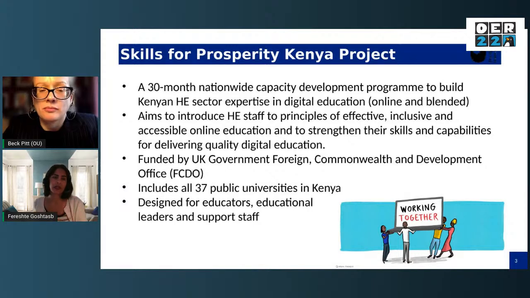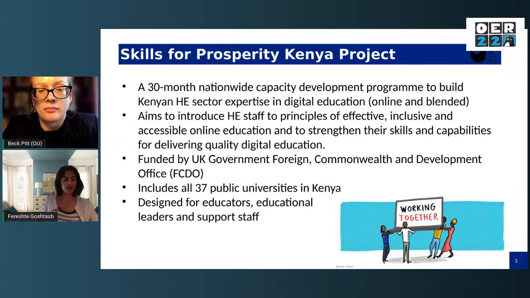So with that aim in mind, the government of Kenya really would like to train the HE staff in designing and providing education in different online forms. And as a result, there was a call, and the Open University was appointed within that call to basically help the government of Kenya to build the capacity of staff in providing and designing digital education.